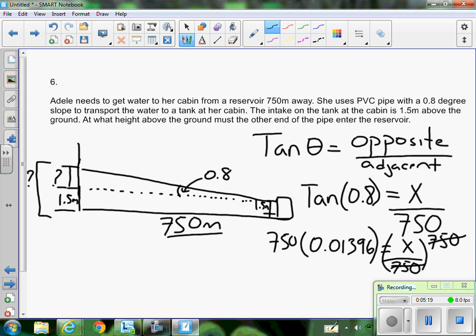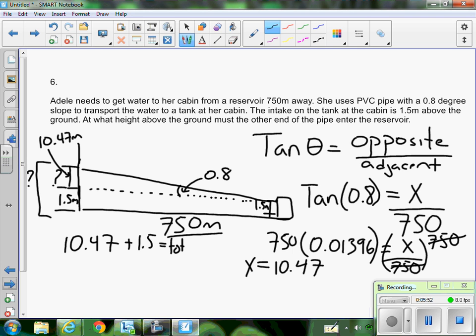What we're going to find is that x is equal to 10.47 meters. So in order to calculate the total height, I take 10.47 and I add 1.5 and I'm going to get the height above the ground.